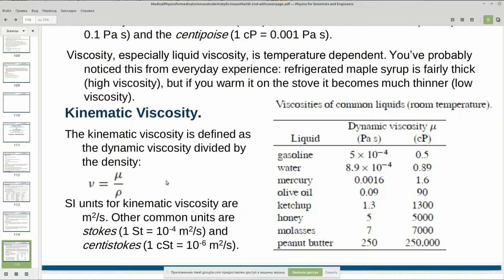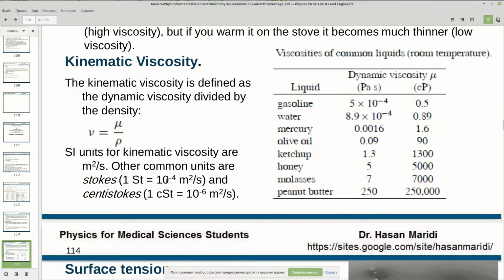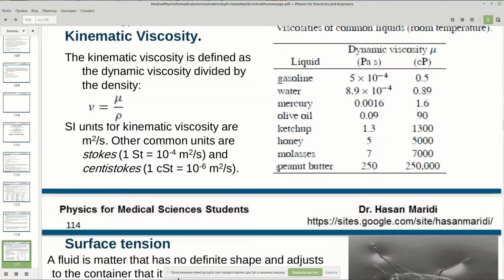Other common units are the stokes: 1 stokes is 10 to the power of minus 4 meters squared per second, and a centistokes is 10 to the power of minus 6. The viscosity of common liquids varies with temperature; you can see it in the table of different dynamic viscosities of liquids, such as honey and peanut butter.